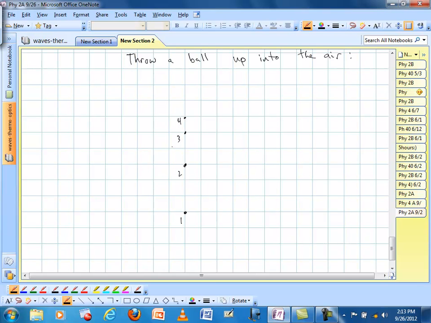Starts off with a big velocity pointing straight up, and then gravity starts working on it, goes slower and slower and slower until eventually it comes to rest.